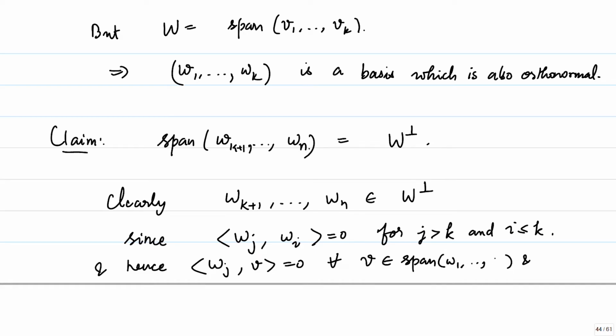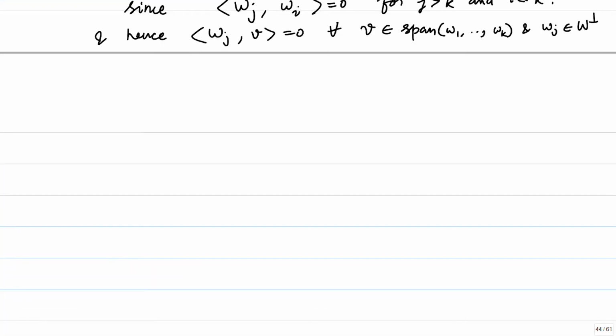It will be right because the span is the same, but the reason we are able to conclude this is because v is in the span of w1 to wk, and this basically means that wj belongs to w orthogonal. That's what we have concluded just now: wj belongs to the orthogonal complement of w.